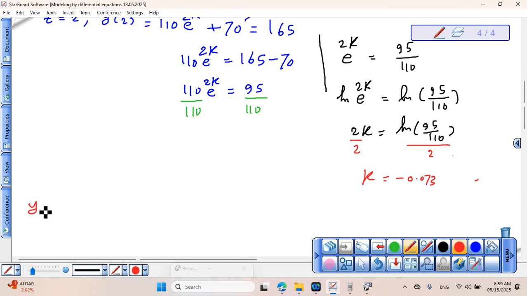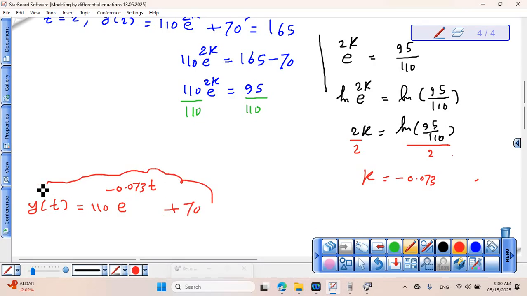The general solution, y at any time, equals 110 e to the power negative 0.073t plus 70. This is the general solution to find the temperature of the cup of coffee in a room that has 70 degrees Fahrenheit. Okay, good.